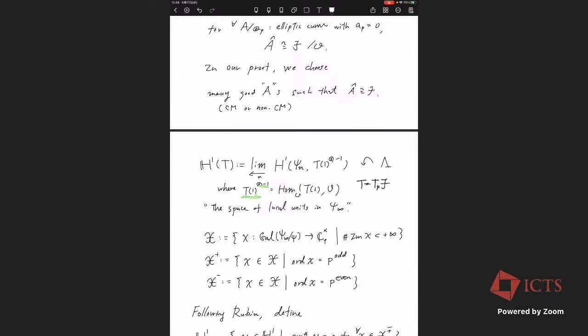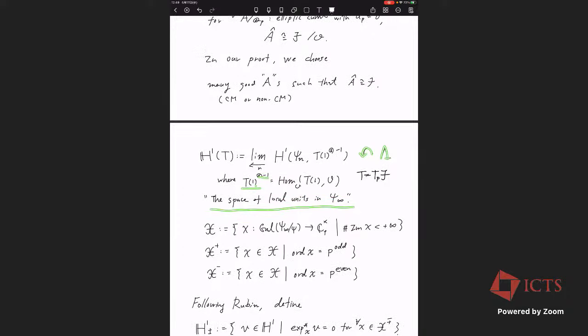The Iwasawa algebra canonically acts on H^1(T). This is a space of local units in the anticyclotomic extensions by Kummer theory. In my talk I put the words local unit, but actually local units will not appear in my talk, and instead this Iwasawa cohomology appears. But actually H^1(T) can be described in terms of local units.